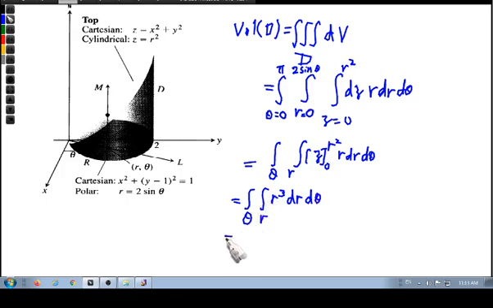So this is equal to the integral with respect to theta of the integral of r cubed, which is r to the power 4 by 4, between the limits r equals 0 to 2 sin theta, d theta. Theta varies from 0 to pi.